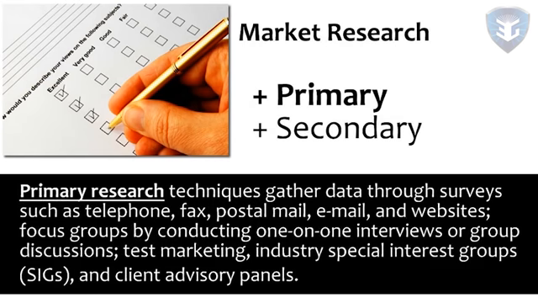Primary research techniques gather data through surveys such as telephone, fax, postal mail, email, and websites. Focus groups by conducting one-on-one interviews or group discussions. Test marketing, industry special interest groups, and client advisory panels.